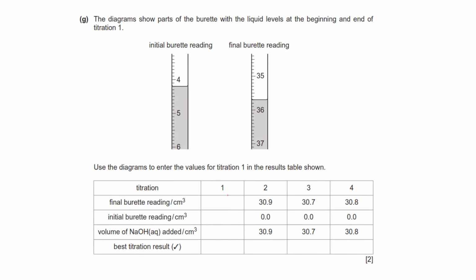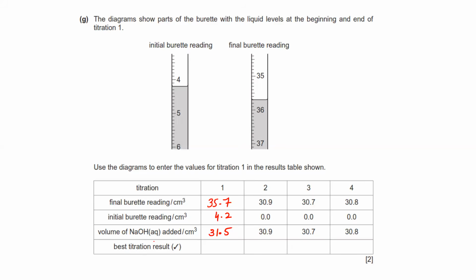Final value of burette is 35.7 centimeter cube. Initial value is 4.22, and value of sodium hydroxide added is the difference of these two, which is 31.5 centimeter cube.